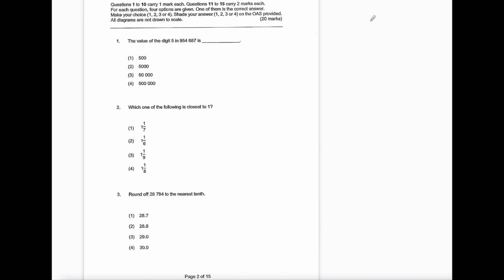Okay, question 1. The value of the digit 5 in 954687 is... So underline this.